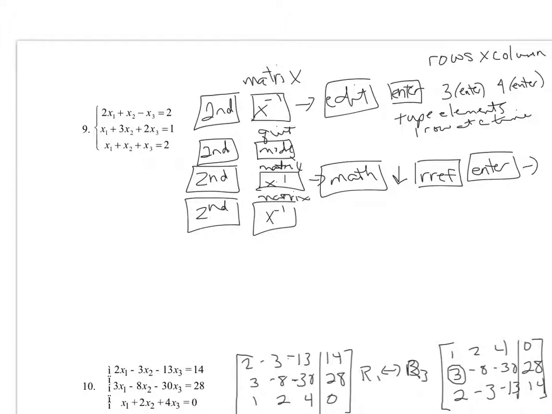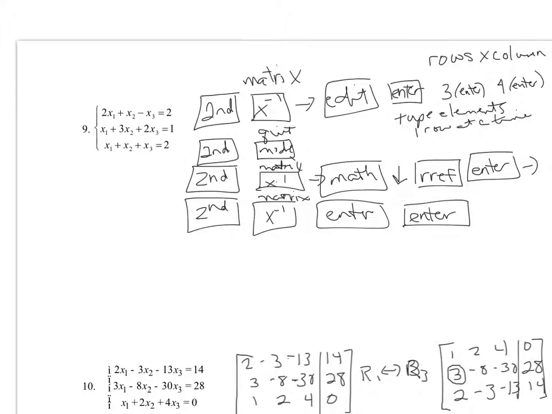But this time, all you have to do is hit enter because you're just telling it the name of the matrix you want. If you put this in matrix A, once you hit second matrix, it's already highlighted A. After you hit enter, you would hit enter again, and what you will see is a solution matrix.